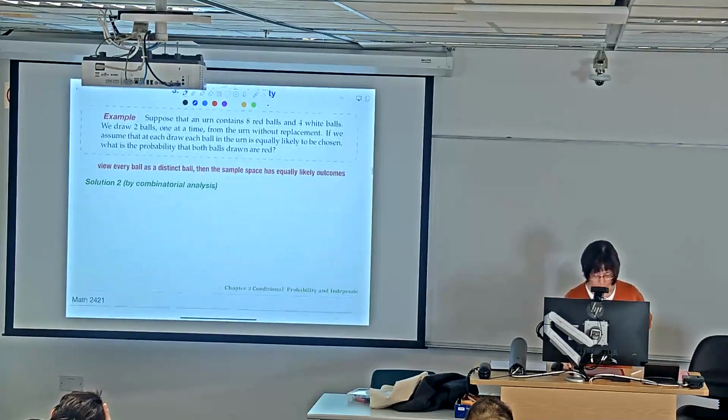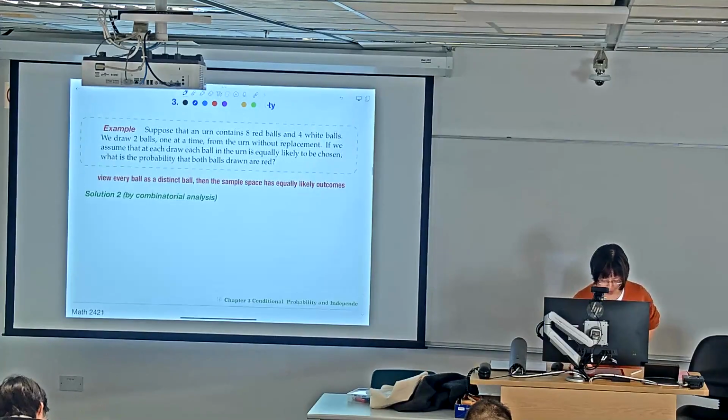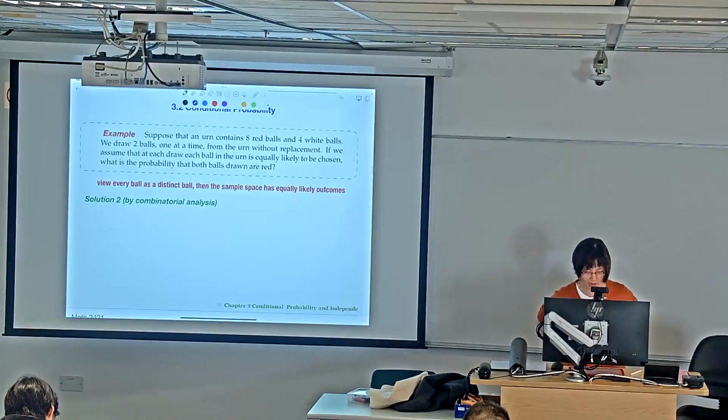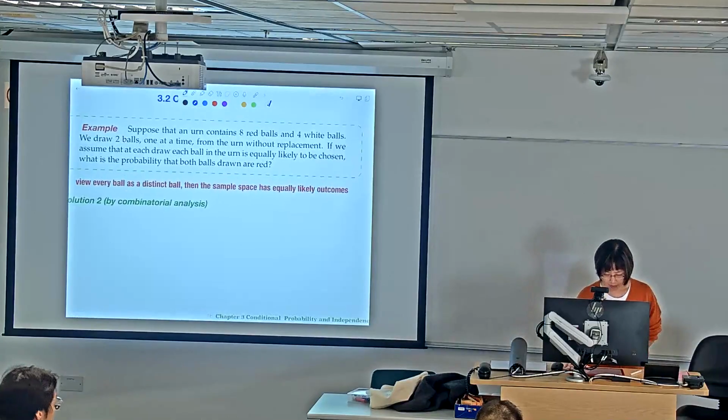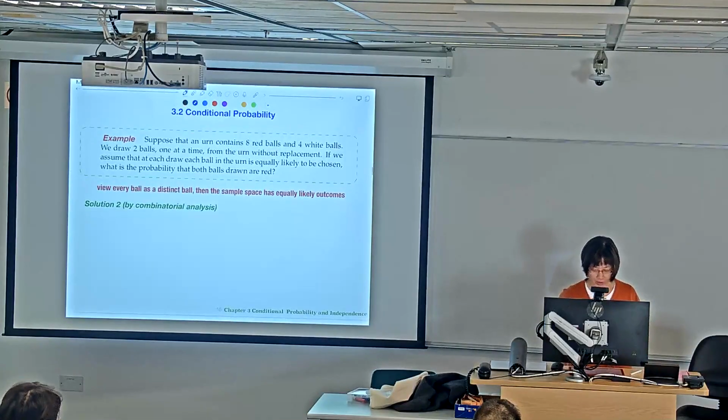And the second solution is what we have been doing all the time, using combinatorial analysis. It's a sample space with equally likely outcomes, so you can use the counting method. Here it depends on how you count. You just need to do it consistently.